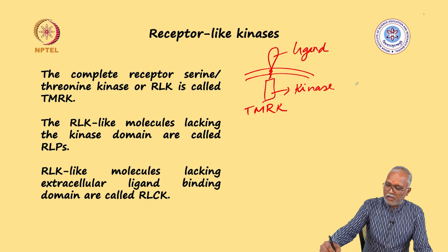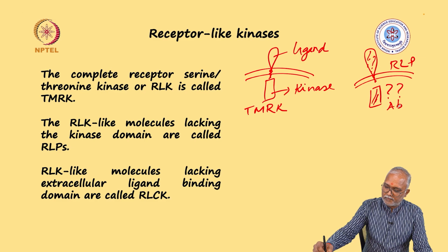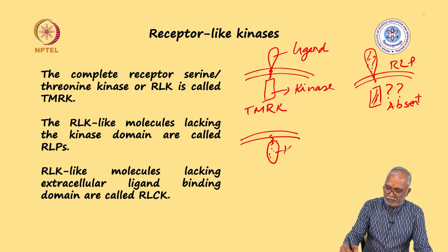If you talk about the RLP, you have a scenario like this where the extracellular domain is present, the transmembrane domain is present, but this domain is absent. And when you talk about RLCKs, you will have a situation where the kinase domain is present.